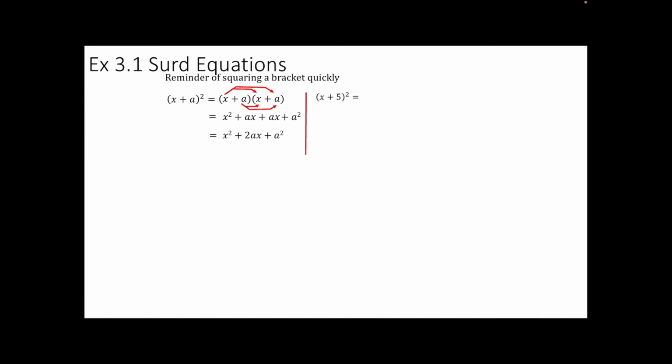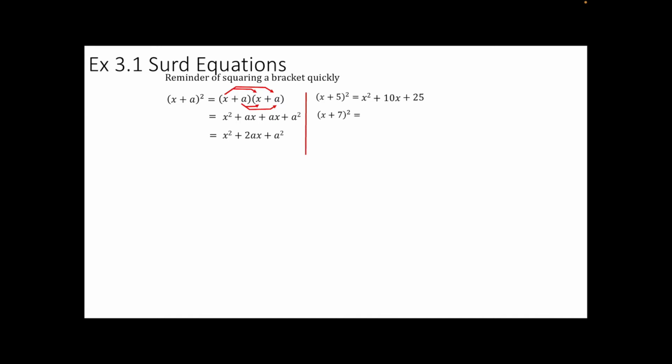Let's try another example. x plus 5 squared gives us: square the first term, x times x equals x squared. Multiply the first and second term together and double it. We get x times 5 times 2 equals 10x, and squaring our second term gives us 25.